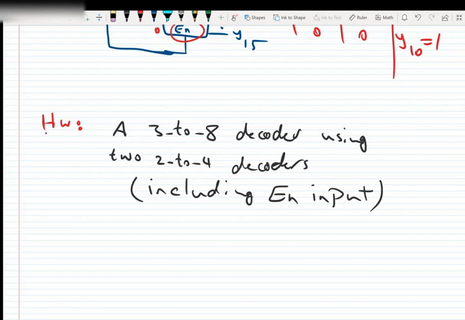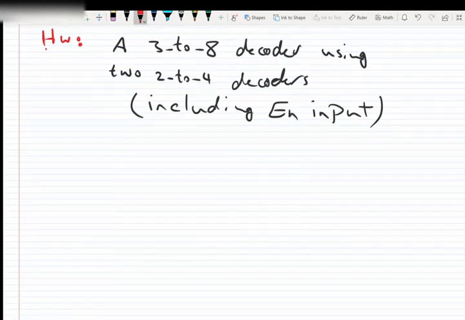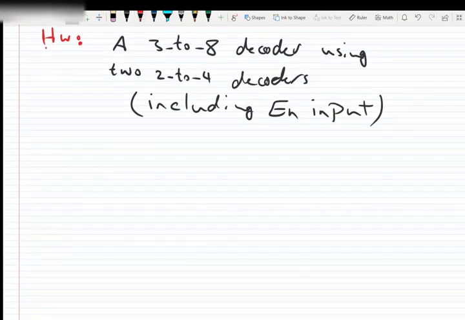Okay, so after learning decoders, we can talk about a circuit which is the opposite of a decoder and which is called an encoder. The encoder performs the opposite function of a decoder, so it encodes the information into a more compact form.